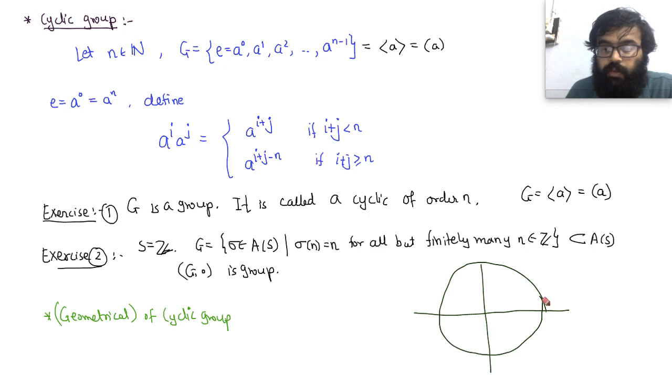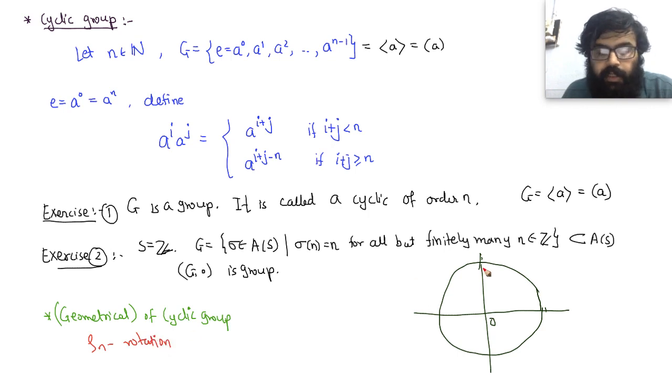Okay, this does not look like a circle anyway. We are mathematicians, we assume this is a circle, right? And we consider rho n. So what is rho n? Rho n is a rotation of points.